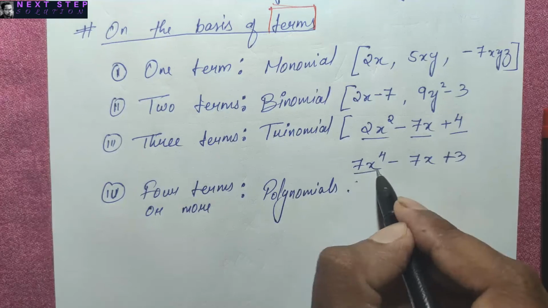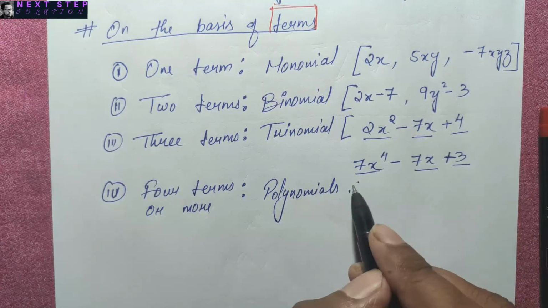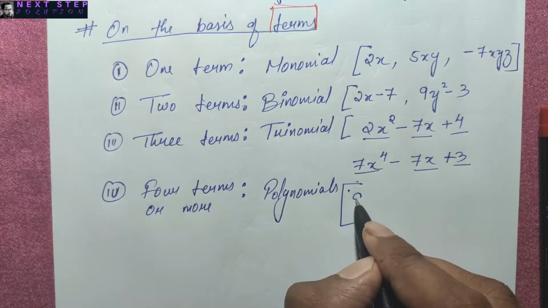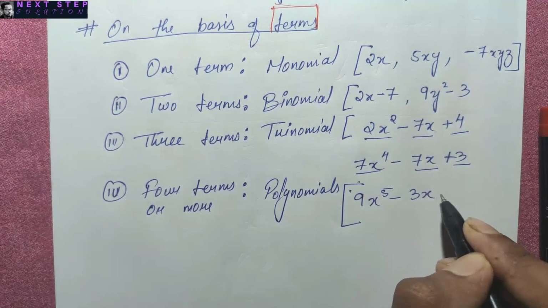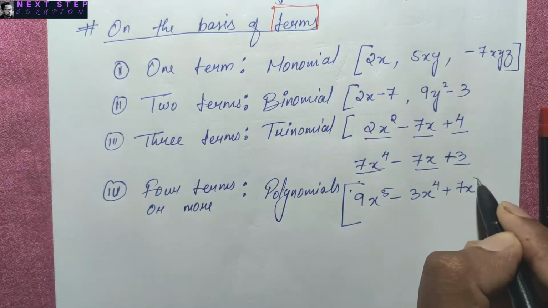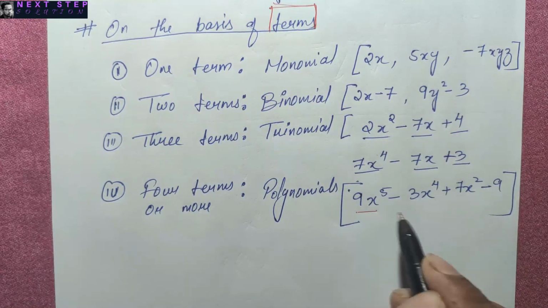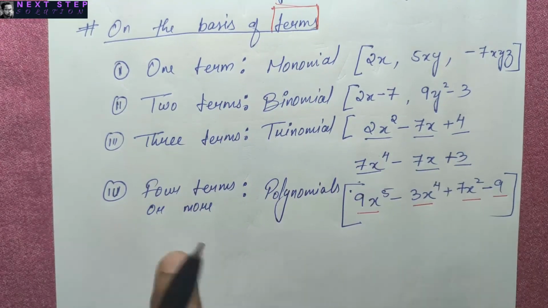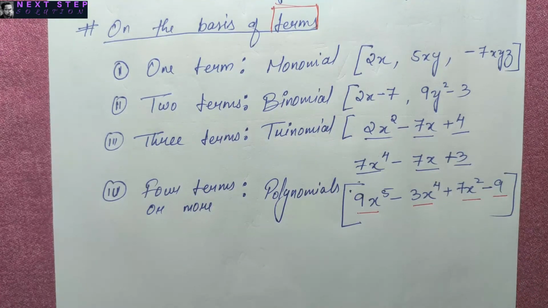Okay, let me give one example. Say 9x to the power 5 minus 3x to the power 4 plus 7x square minus 9. Here we have 4 terms, 1, 2, 3, 4. So it will be called a polynomial. More than 4 is also called polynomial.